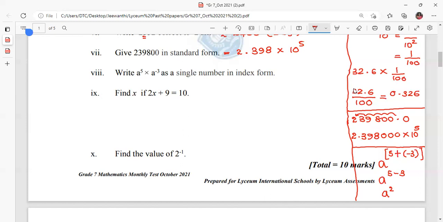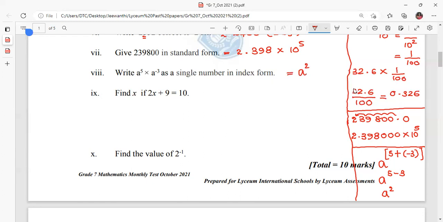You may think like that. No, in the first step, I did it clearly. I showed everything inside a box bracket and I showed I am going to add 5 and -3. But -3 I wrote inside the bracket, and when I solve that bracket, I have 5 minus 3. The answer is 2. So then I write my final answer, a to the power 2.